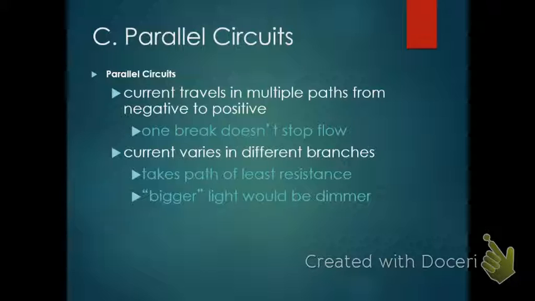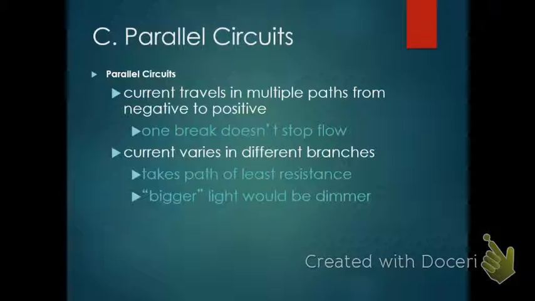The ones that are in series, when one light goes out, the whole thing goes out. That's a series circuit. The Christmas tree lights that are in parallel, when one goes out, the rest of them still work because they have other ways to get there, right?